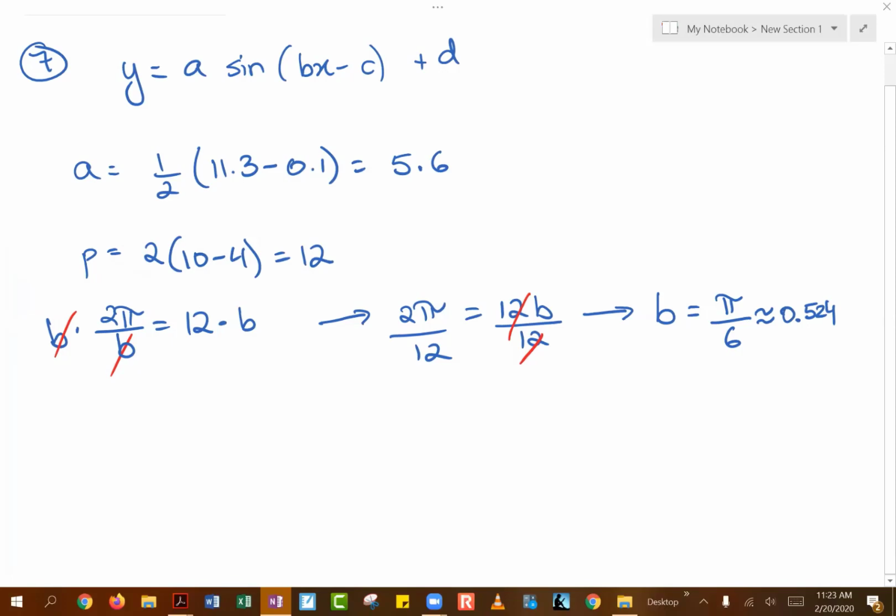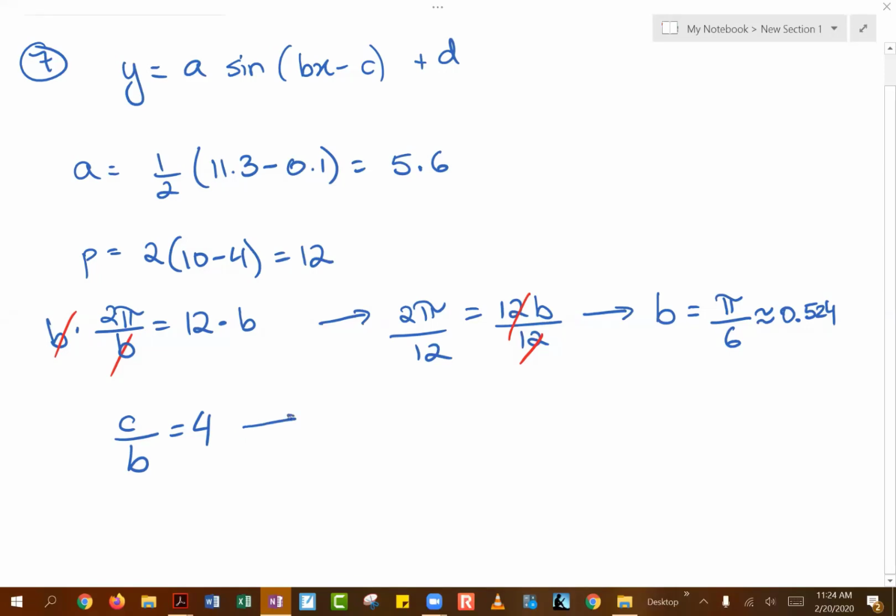Because C over B is the phase shift, right? And that's where you're getting the 4 from. That's the maximum depth. If you talk about the interval, that would be your left endpoint, because our interval is going from 4 to 10, because at 4 we had the maximum value, and at 10 hours we had the minimum value. So you can actually use the phase shift, C over B at 4, and then of course we just calculated B.